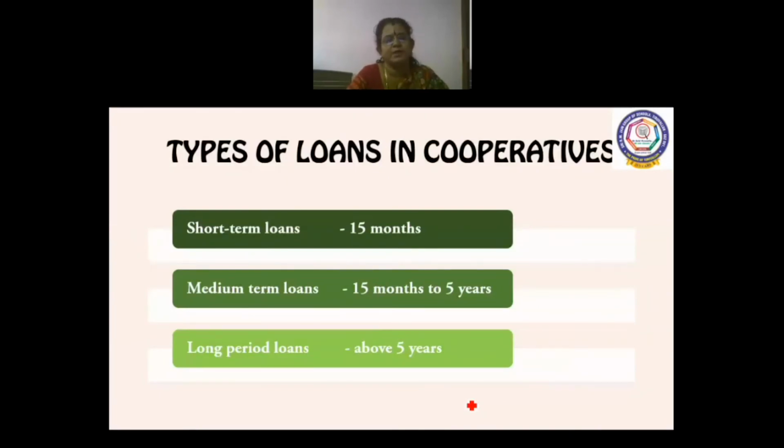Types of loans in cooperatives. Based on the period of loans, we can classify loans into three types: short-term loans, medium-term loans, and long-term loans.